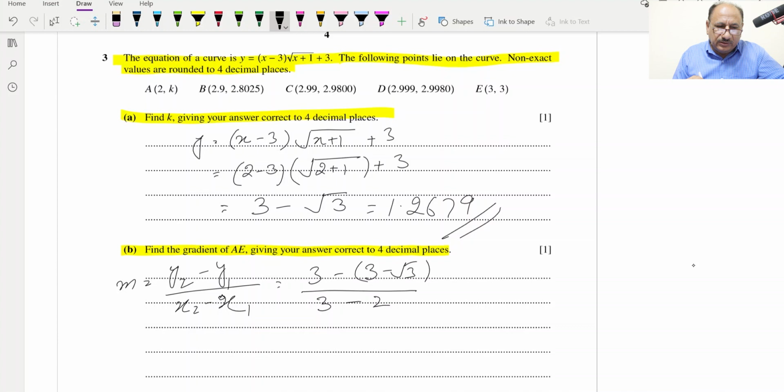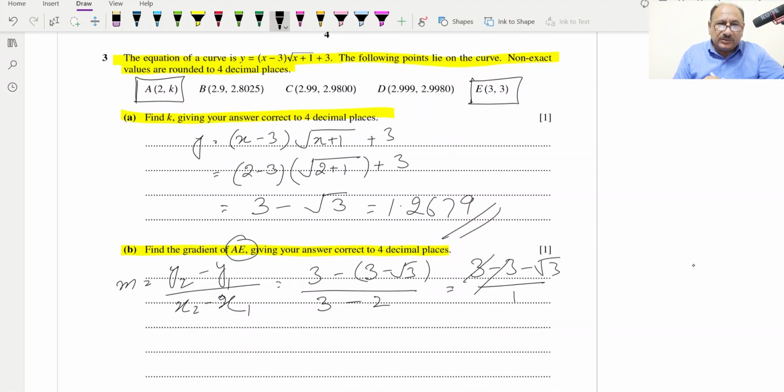We are finding the gradient for this one. For AE, this is AE. So A and E. E is this value and A is this one. So K value already we have taken as this. So the AE gradient of this one will be equal to, we can open the bracket. So 3 minus 3 minus under root 3 over 1.